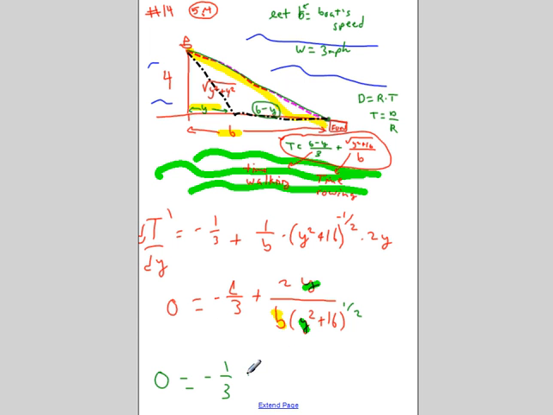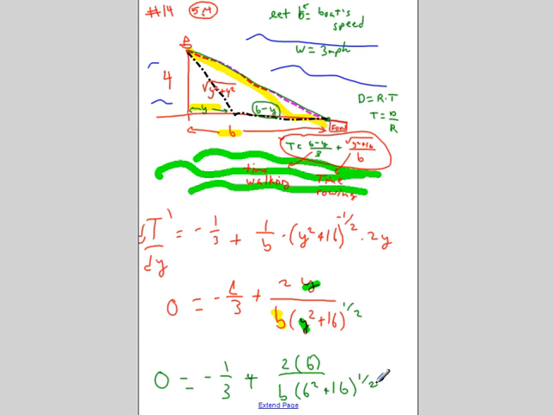So we're going to have plus 2 times 6 over b, which is what we're looking for. I know b and 6 look similar, but whatever, deal with it. Times 6 squared plus 16 to the 1/2.